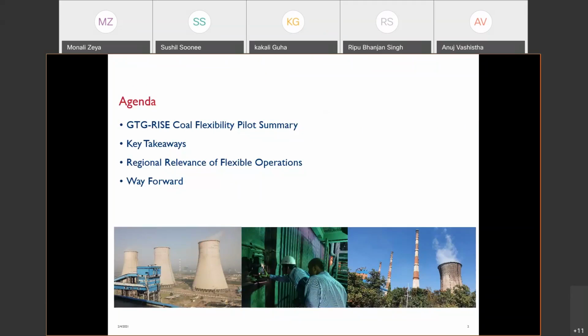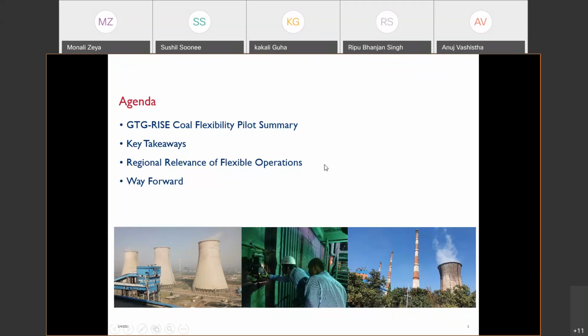We'll also look at the regional relevance of flexible operations in a couple of slides. We have eminent speakers from the regions, so we'll not deliberate much on this, but with the limited experience that we have, we will try to discuss that topic.